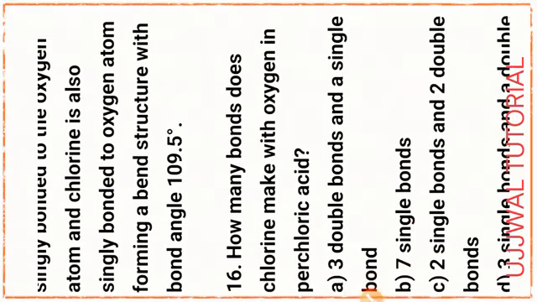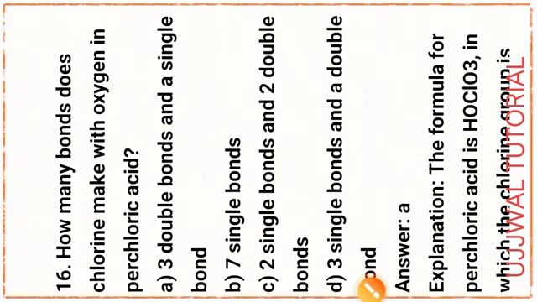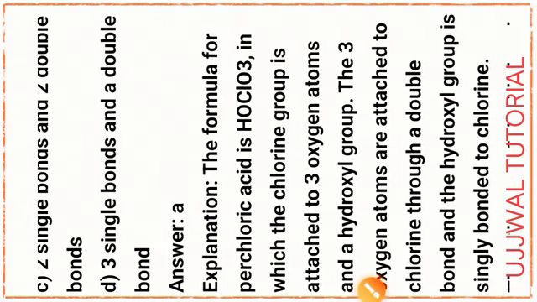Okay, next question, question number 16. How many bonds does chlorine make with oxygen in perchloric acid? Okay, option A, that is 3 double bonds and a single bond. Okay, due to explain for this part, the formula of perchloric acid is HOClO3.